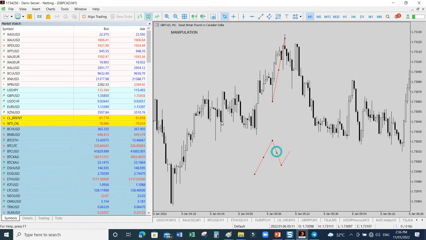This is the impulse when price pulls down and starts moving downward, right? Now it pulls back. Whenever manipulation occurs, price usually pulls back to the manipulated area, the liquidity grab area where the highs have been swept out. It is that pullback you are waiting to see.